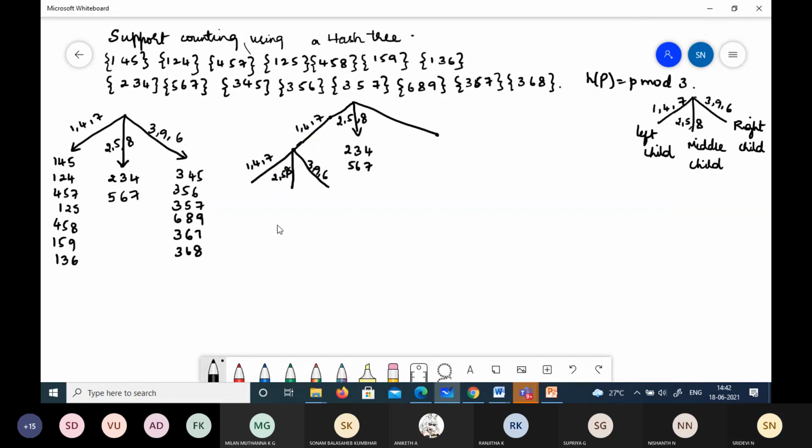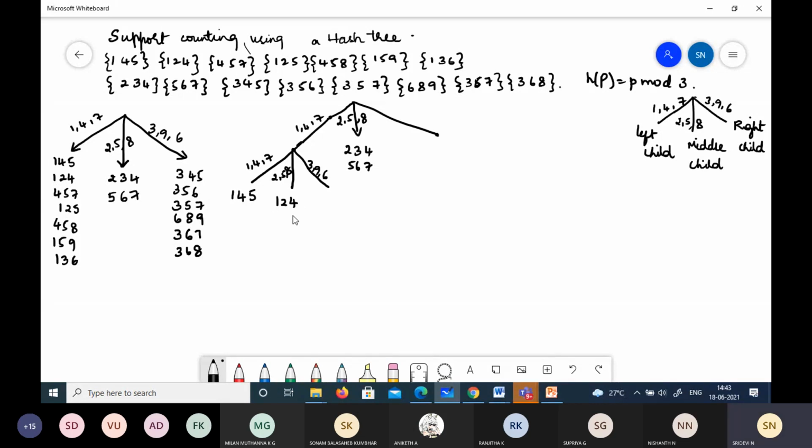Okay. So as we are considering the second digit now, 145 will branch to this. 145. What about 124 now? Where should I branch this? Middle branch. Because we are considering the second digit, we will have 1, 2, 4 here. Next.